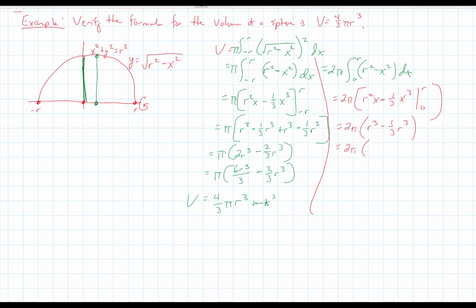So I get 2 pi times, same thing, 3/3 r cubed minus 1/3 gives me 2/3 r cubed, and now 2 times 2/3, that is 4/3. So 4/3 pi r cubed. And so you get the same result using either the symmetry or just brute force negative r to r. So you get the same thing either way.